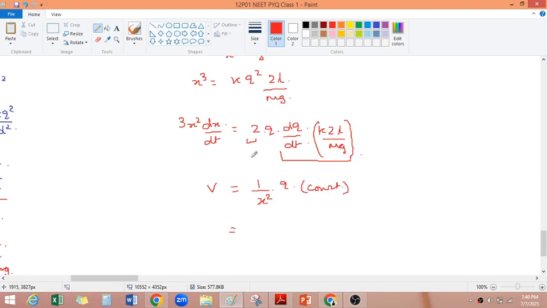So x cube is proportional to q square, because all the other things are constant. So q, when the 2 comes on this side, it will become 1 by 2. So that means in place of q, I will put x power 3 by 2.